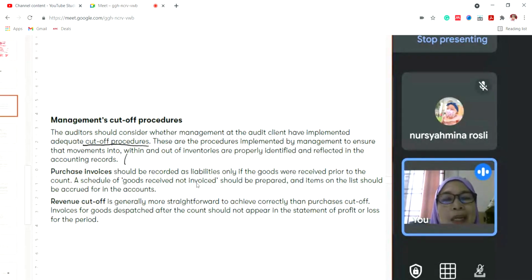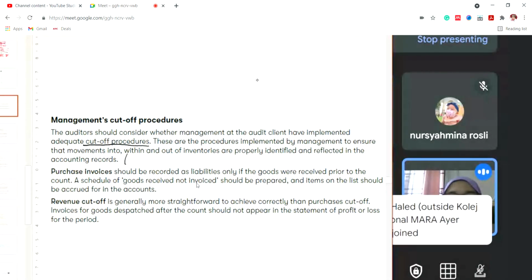If you rely that the control procedures are good, then you perform the test of control. If not, then you have to be careful during your extent of audit procedures for inventory. So that's why guideline for the auditor, okay, you must look at in terms of the management instruction.